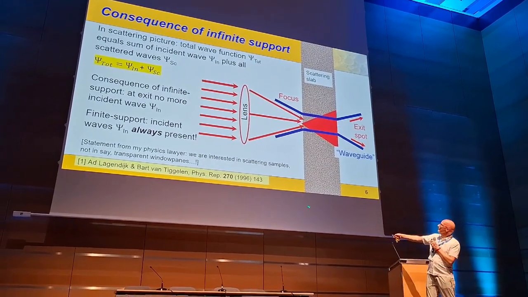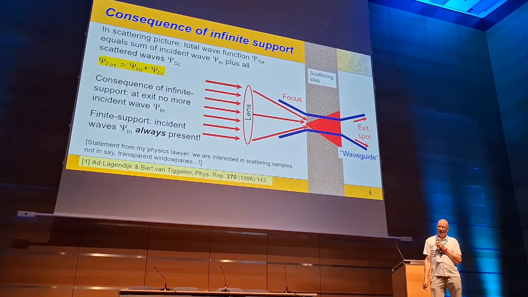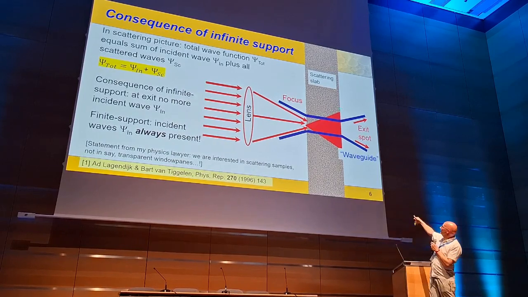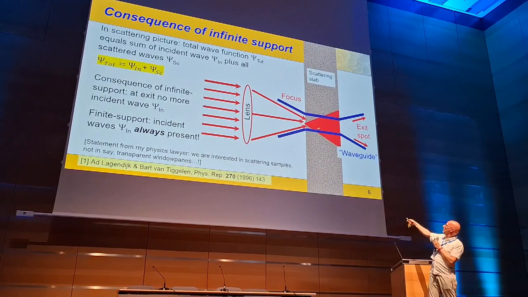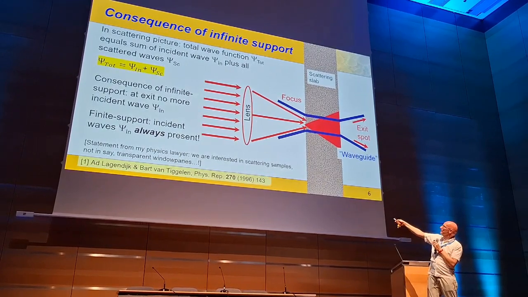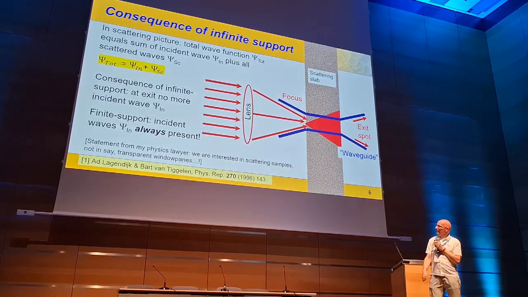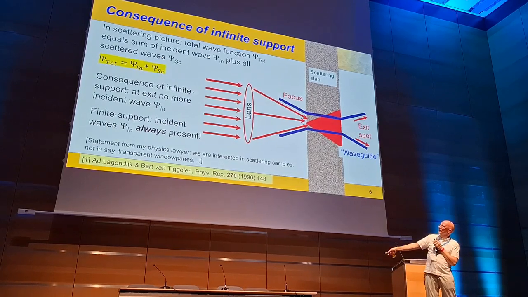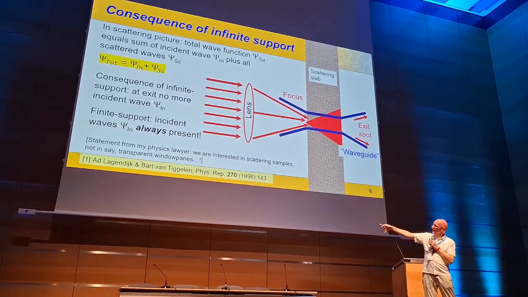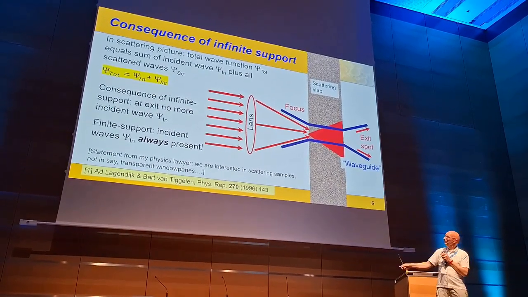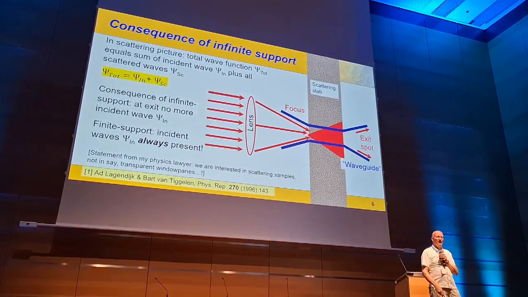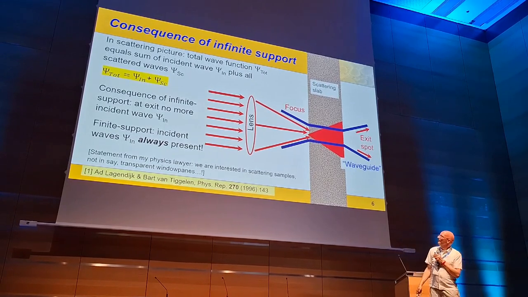Now the consequence of a scattering slab with infinite support is of course that at the back of the sample, where you typically do your wavefront shaping experiment, there's no more psi in, there's no more incident wave, because it's completely scattered by these objects in here. So in the infinite support sample there is no more psi in, and conversely in the finite support sample, like this finite block, there's always an incident wave.